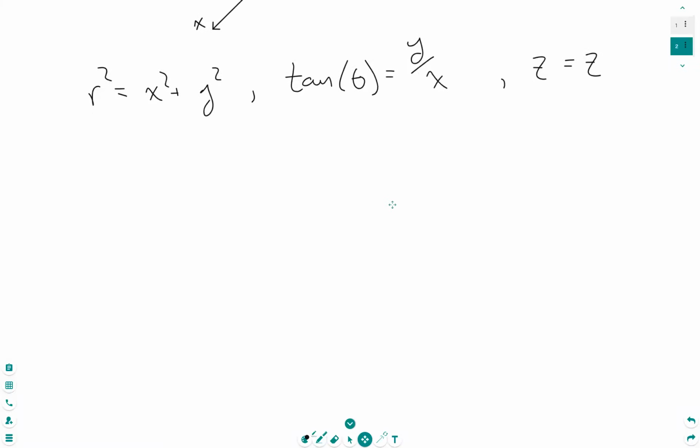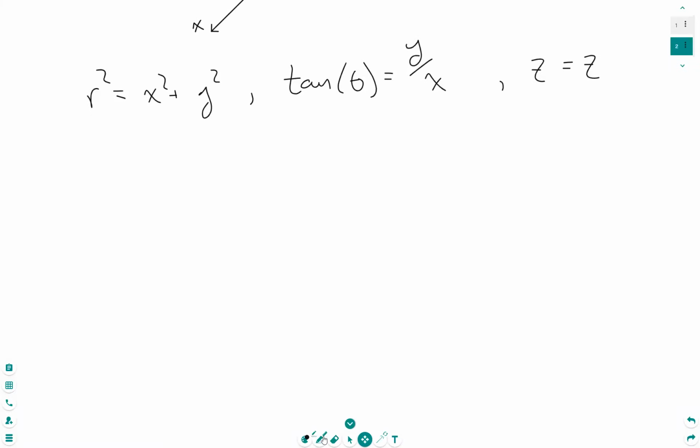So some things that we're definitely going to have to be able to do is convert surfaces in Cartesian coordinates into their cylindrical coordinate counterpart. So let's just do a quick example. Where we have that z is equal to r.